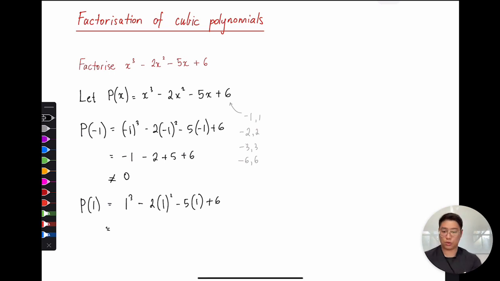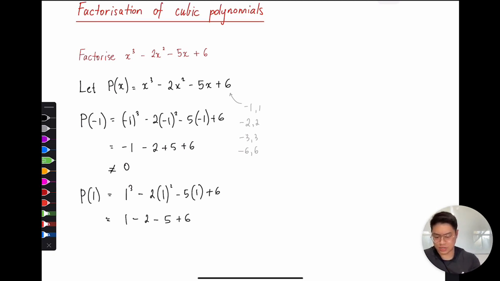This is equal to 1 minus 2 minus 5 plus 6. So the idea is to group the positives and the negatives. This here makes a +7, whereas the negatives make a -7. So yes, this does therefore equal 0.